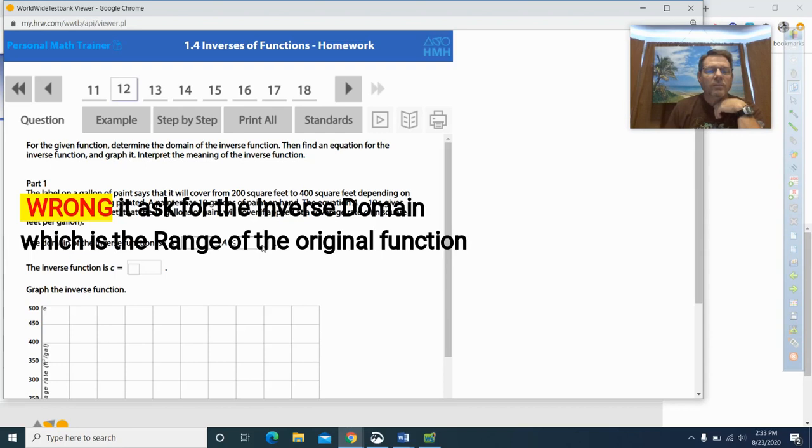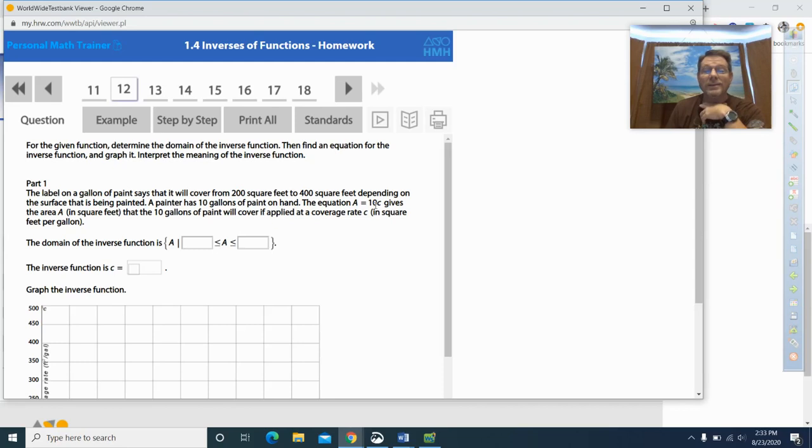Okay. But what is the range going to end up being for this? What happens when we plug in 200 here? Okay, we're going to get 2,000, and when we plug in 400 here, it's going to give you 4,000. So that's going to be your two endpoints of your situation.